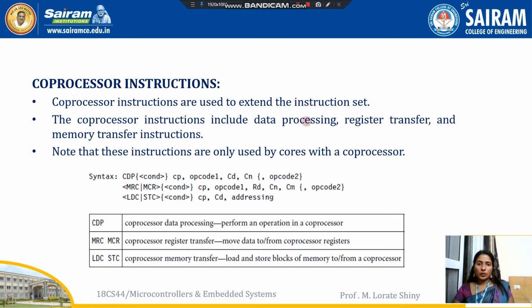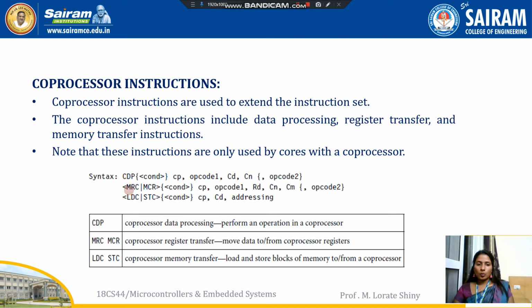For communication between coprocessor and main processor, we have a few instructions. This is CDP, the coprocessor data processing instruction. It works between coprocessors only. We can connect n number of coprocessors with the main processor, and between coprocessors this instruction is used for communication.